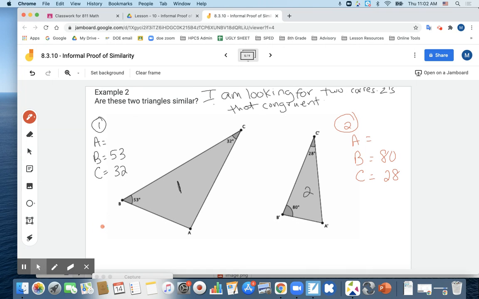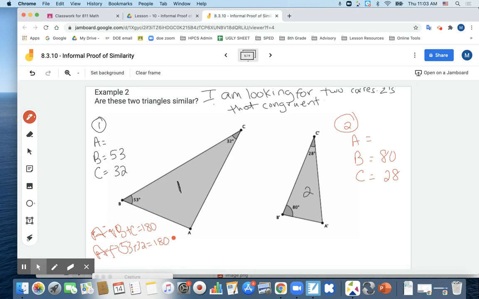So let's just find A. I'm going to use the triangle sum theorem, which says that A plus B plus C equals 180. So 53 plus 32 plus A will equal 180.